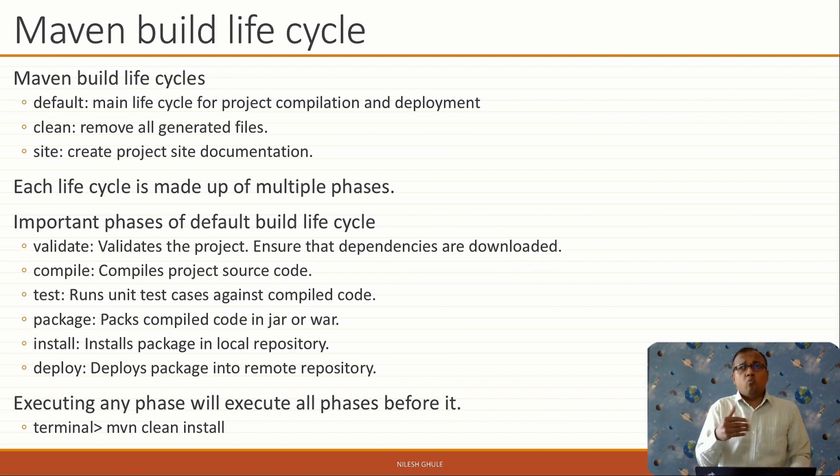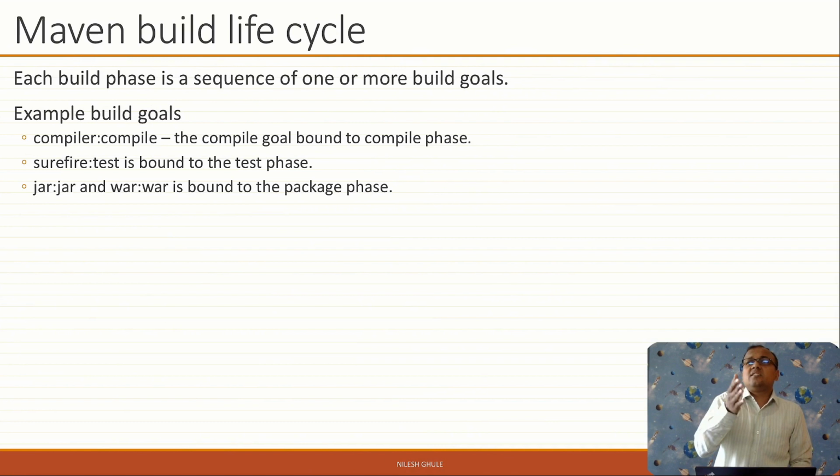By the way, what do we mean by phases getting executed? Each phase is again a sequence of goals, and every goal that is given is a small task bound to some phase. A simple example would be the compile goal.